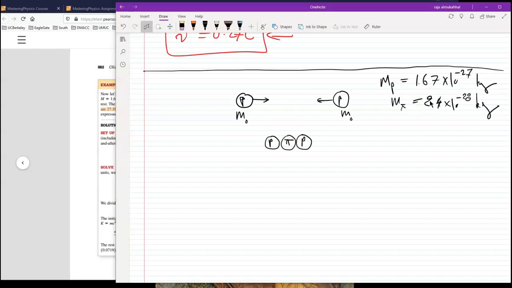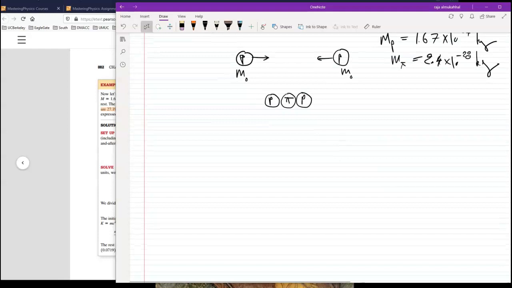Okay, there we go. So what do we do here? Well, let's look at it in terms of energy before collision. So what's happening before collision? Well, we have two protons moving toward each other.